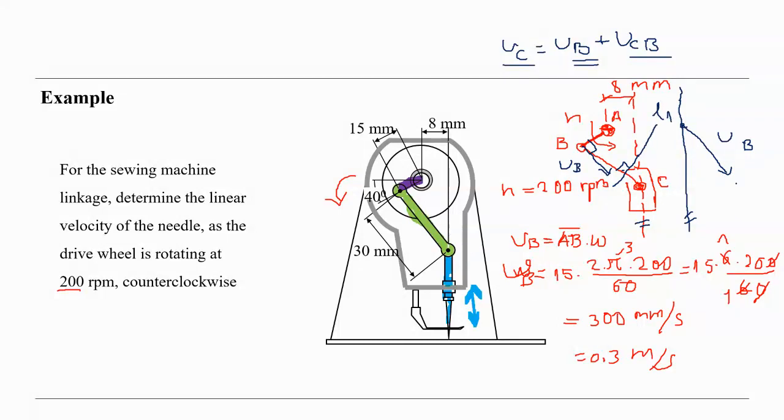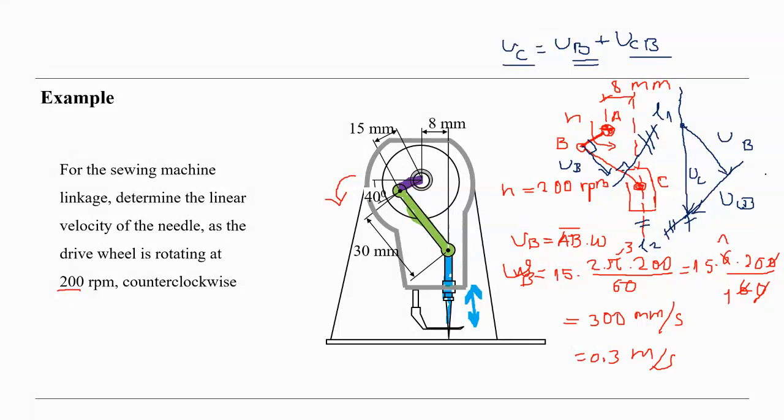Let's say the L1. We can draw the L1 here from the end point of the vector VB like this. This must be also parallel, let's say parallel to that here, L1. This is L2. Let's say here L2, and we have here VB, and this is the VC here, and this is VCB.